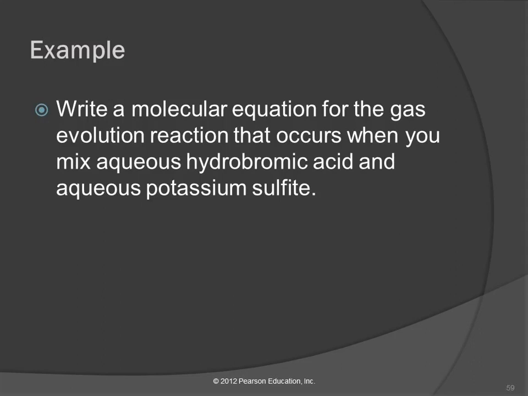Write a molecular equation for the gas evolution reaction that occurs when you mix aqueous hydrobromic acid with aqueous potassium sulfite. So hydrobromic acid has hydrogen and 1 other ion. That ion's going to be bromide. So hydrogen ion and bromide ion.